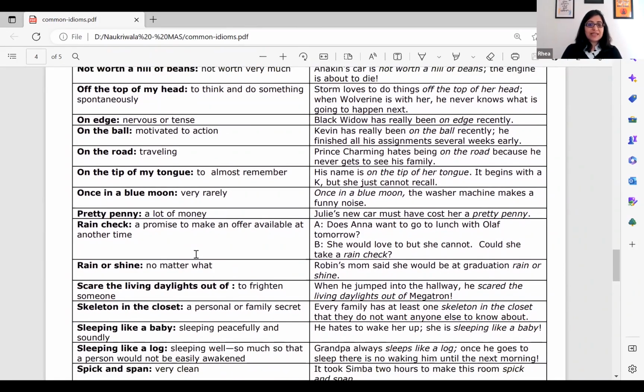Lovely. So that's your assignment for this session. And now we are going ahead and we are proceeding with how can you improve your communication skills? So yes, this was one way through idioms. But apart from idioms, I have something very interesting for you, which is storytelling.